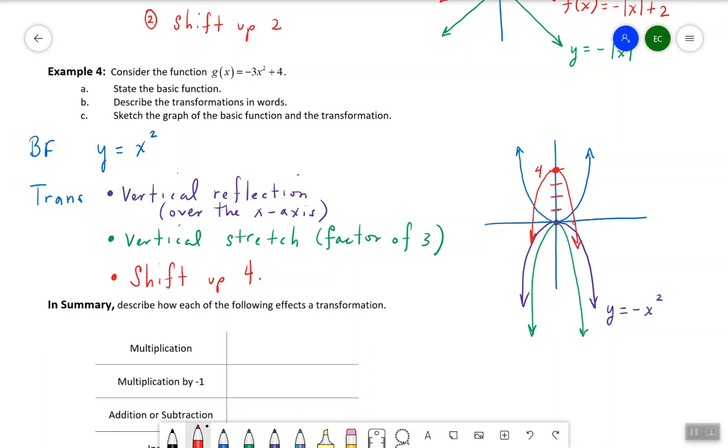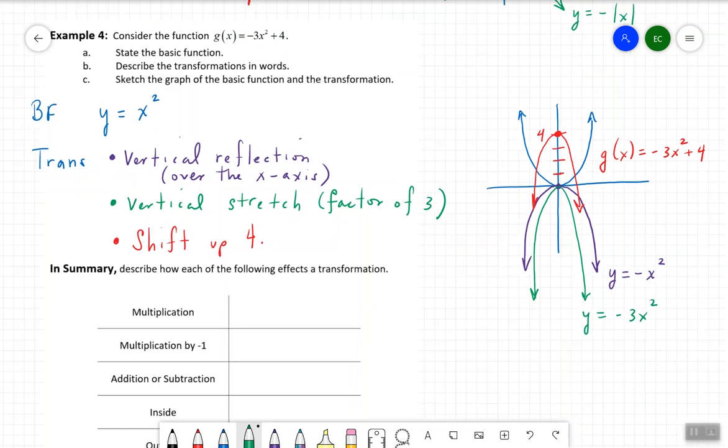Notice the red graph will cross the purple graph because the red graph is narrower, but the red graph never intersects the green graph. So try to preserve that fact in your drawing. We get g of x is equal to -3x squared plus 4. The green graph was -3x squared, and I think we're all done.